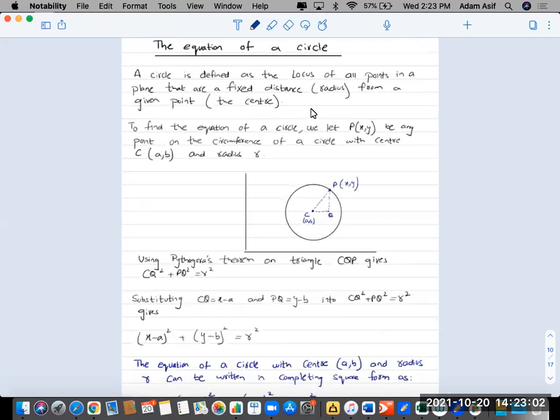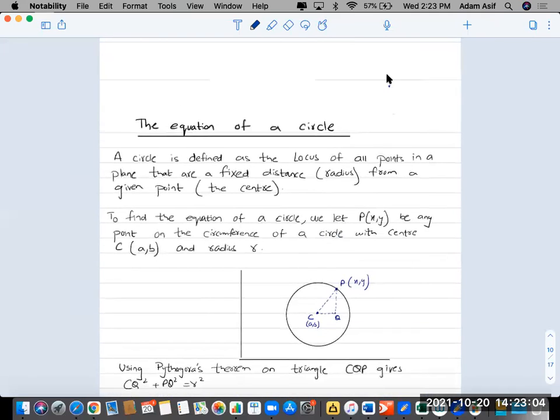So for example, if this is a point and the points are at a fixed distance, that fixed distance is the radius. This is your radius. So it's a fixed distance. So the locus of all the points that are at a fixed distance from the center will give you the circle. So that's your center, and this length is going to be the radius.